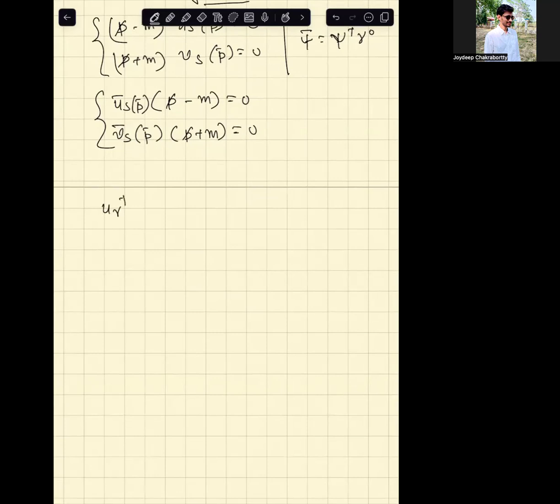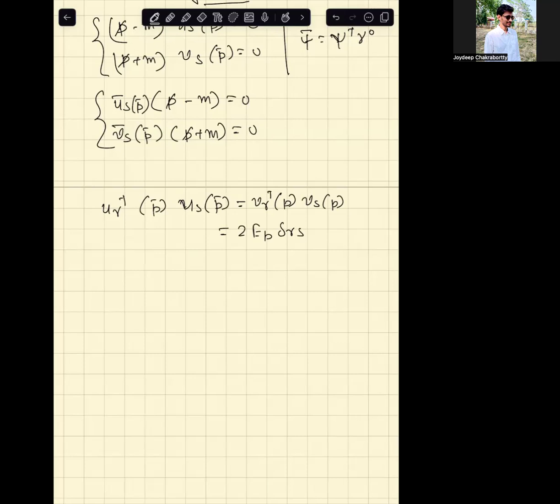So this is how you write down these two relations, and they satisfy the following normalizations. u_r dagger(p) u_s(p) equals v_r dagger(p) v_s(p) equals twice E_p delta_rs. That means u_r and u_s can be combined only when they have similar spins, which is dictated by the Kronecker delta.